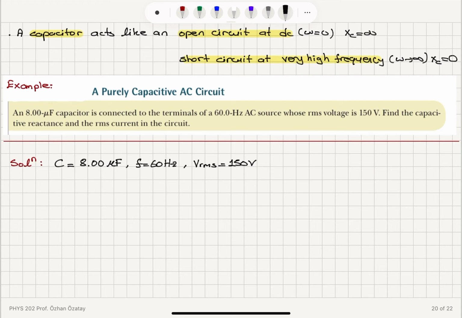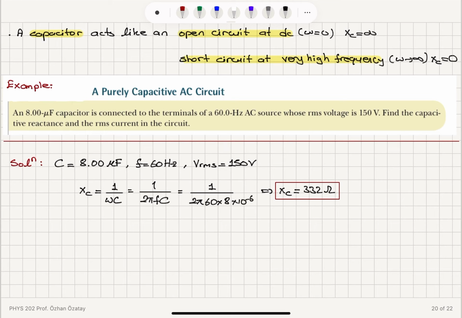The capacitive reactance is, as we have seen, 1 over omega C. It's a frequency-dependent resistance, which is related to the frequency: 1 over 2 pi f C. So if I substitute the numbers here, it's going to be 1 over 2 pi times 60 Hertz times the capacitance, 8 microfarads, 8 times 10 to the minus 6. This gives me a capacitive reactance X sub C of 332 ohms.